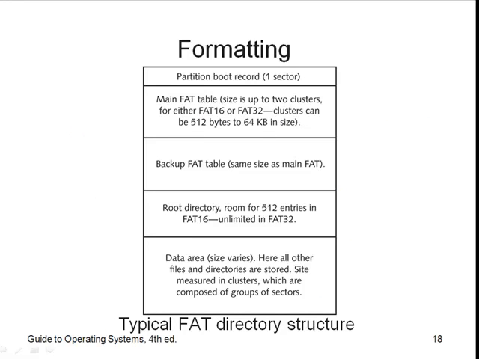This is an example of how in a FAT directory structure we would see a typical volume. We would have the partition boot record, the main FAT table, the backup FAT table, and then the root directory, which has room for 512 entries in FAT16, but it's unlimited for FAT32, and then the remaining area would be the data area, and of course the size would vary depending on the size of the disk.